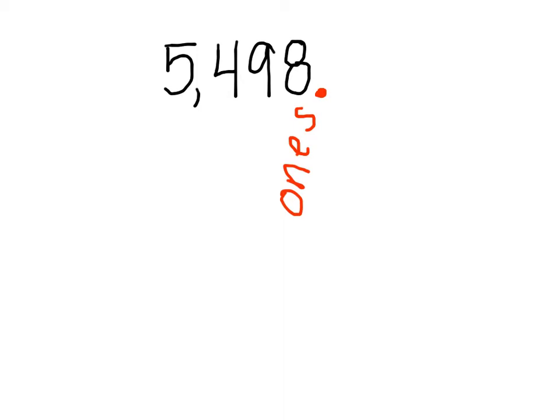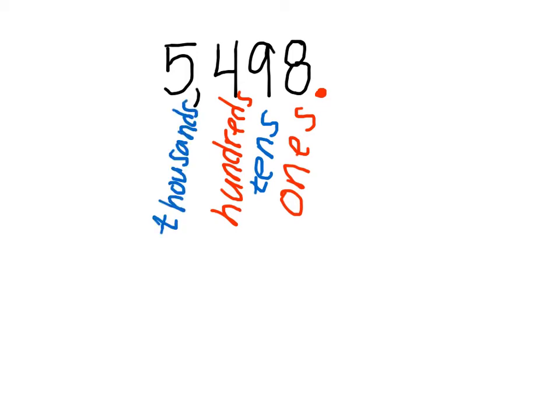The next position to the left is going to be the tens, so I know that I would have 9 tens. The 4 is going to be in the hundreds position, so that would be 400. And I have the 5, which is going to be in the thousands position, and that would be worth 5,000.